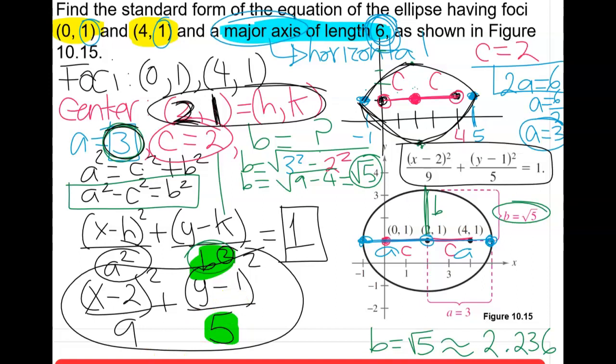Now we're going to move on to example 2. This is coming from your textbook. We have to sketch the ellipse, and we have the equation there, and we also need to identify the center and the vertices.